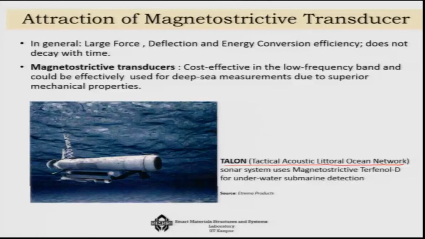Say, for example, if there is an underwater attack by any submarine or any such thing, then these sonar systems convert the mechanical field of the wave into a change of magnetization, and that change of magnetization generates a pickup voltage in the system. Thus, you can develop a magnetostrictive transducer by using the magnetostrictive material in it.